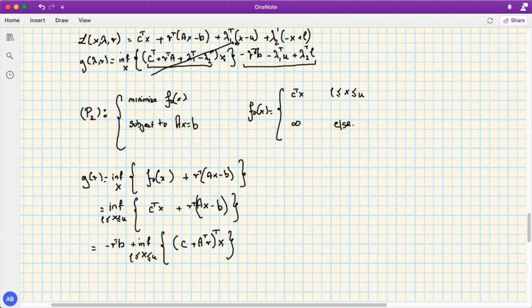Now over here, I don't need to argue that this thing could be pulled down to minus infinity. Why? Because x lies within a finite box. So I don't need to argue the case where c plus A transpose nu is 0. No, I don't care about that. Actually, what happens over here is that we have two cases.